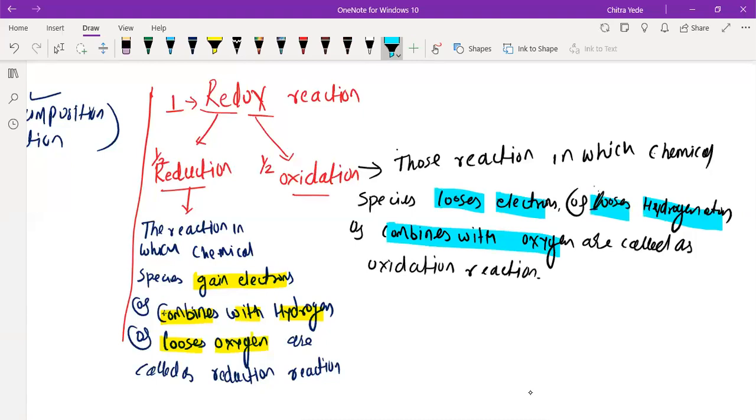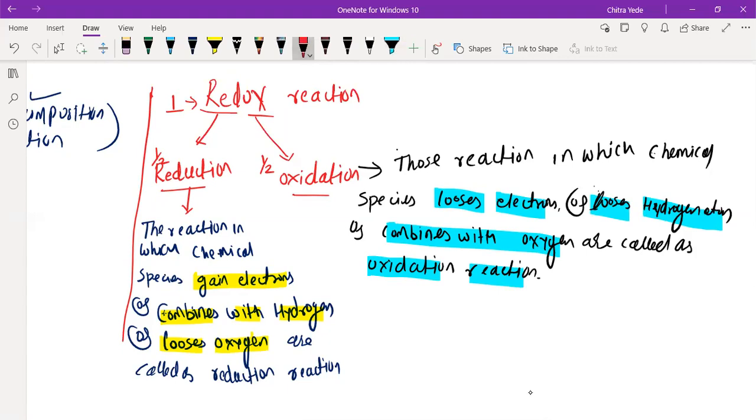If any one of these three conditions takes place, it is termed an oxidation reaction. Understood? Now we will understand with the help of an example.